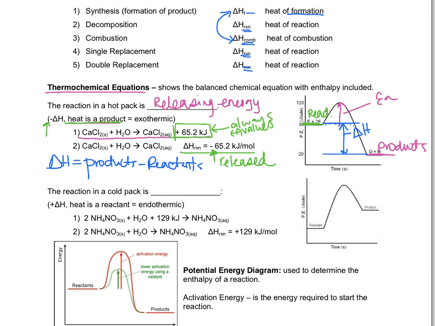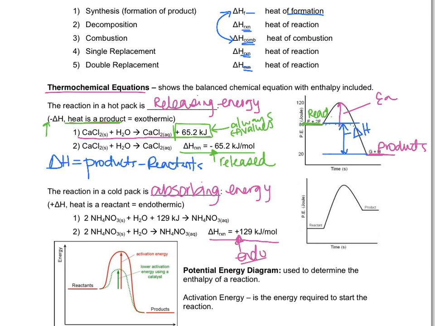Okay? The reaction in a cold pack is the opposite. It is absorbing energy from the environment around it, so that it feels cold to us, similar to how a refrigerator would work. So a positive delta H value would be written if we look at our thermochemical equations. If you look at the second equation, when we write the enthalpy outside of the equation, off to the side, we put the positive so that we can say that this is endothermic.